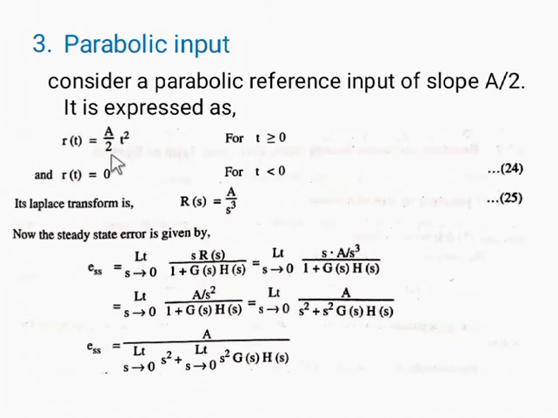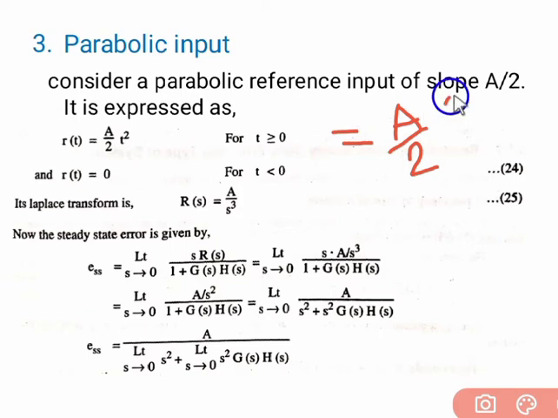A by 2 is constant, but Laplace of t square is equal to 2 factorial by s raised to n plus 1, so it is s cube. These 2 will be cancelled out, so it is A by s cube.